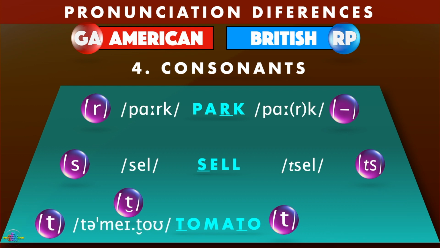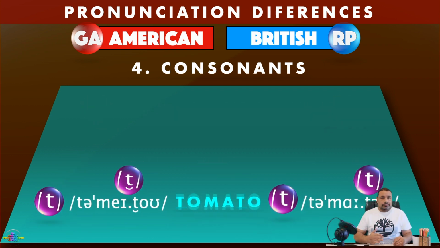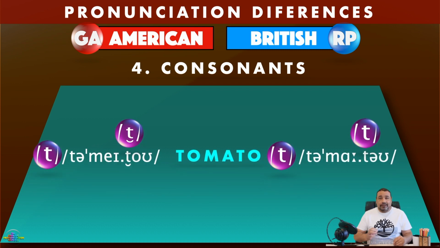And the last one, tomato, American, tomato, British. Now this flap T sound, the R, which is present across most English varieties, normally occurs when the T sound is between or surrounded by vowel sounds, always in an unstressed syllable.